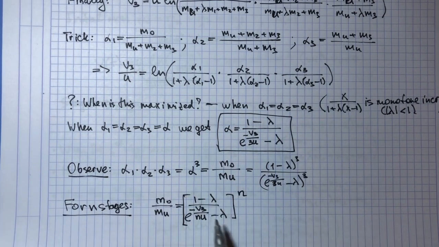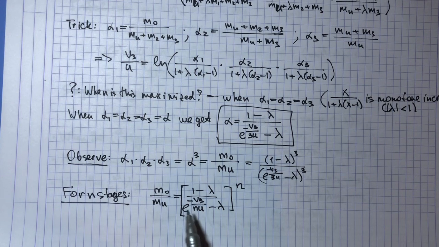So now we have a general formula for n stages, and we can see how this ratio changes as we vary n from 2 to 3 and 4 and so on.